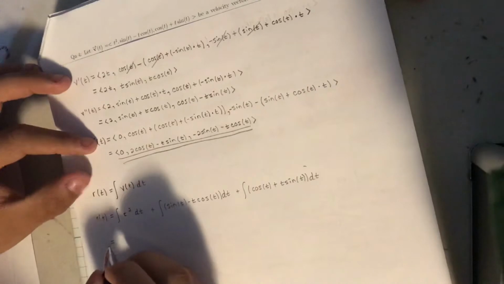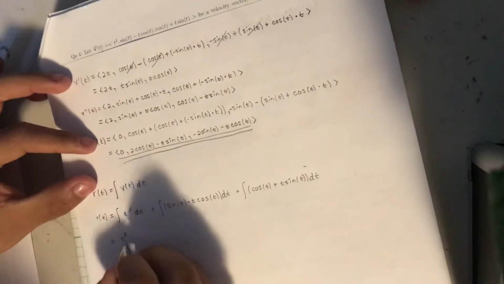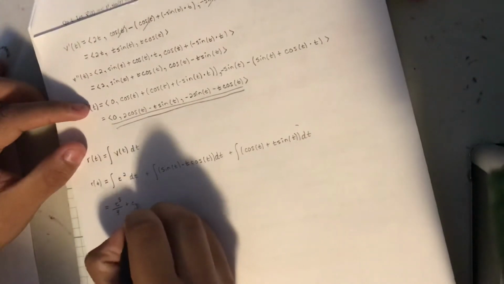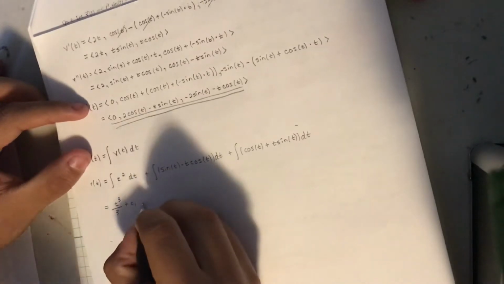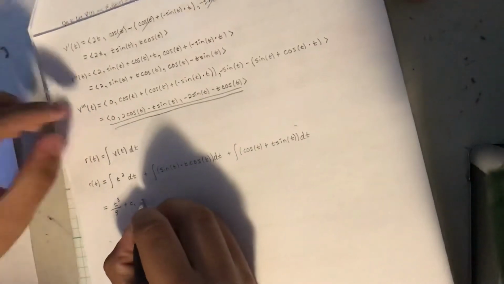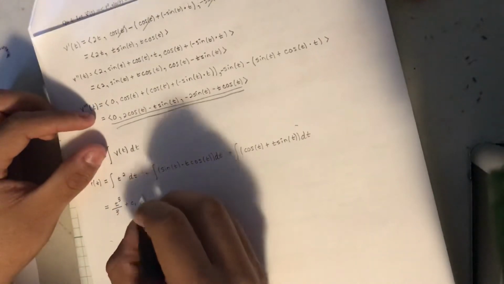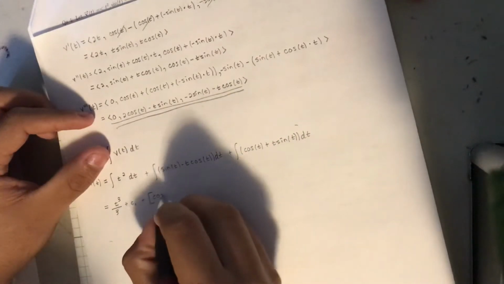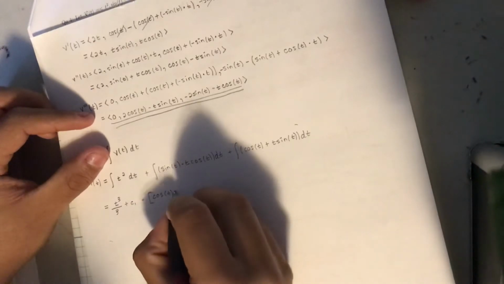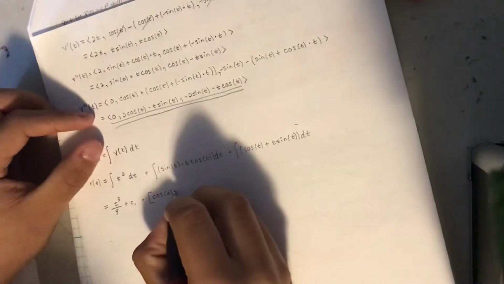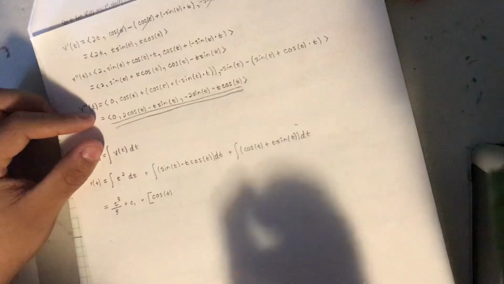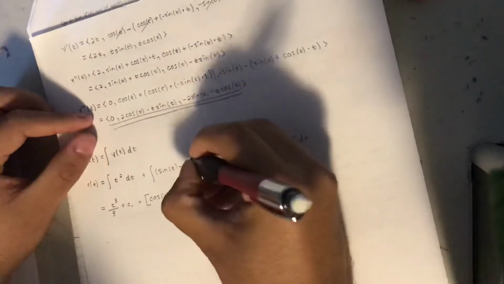So we have t cubed over 3 plus c1. Then we have the integral of sine t is negative cosine of t, and then to find the integral of t cosine of t, we have to do integration by parts.